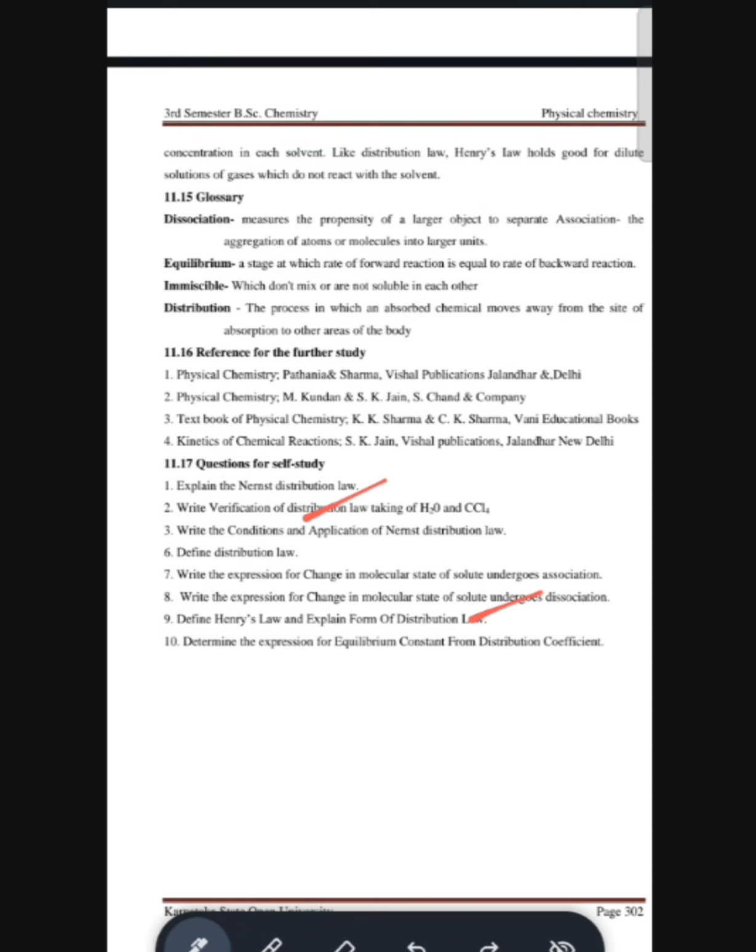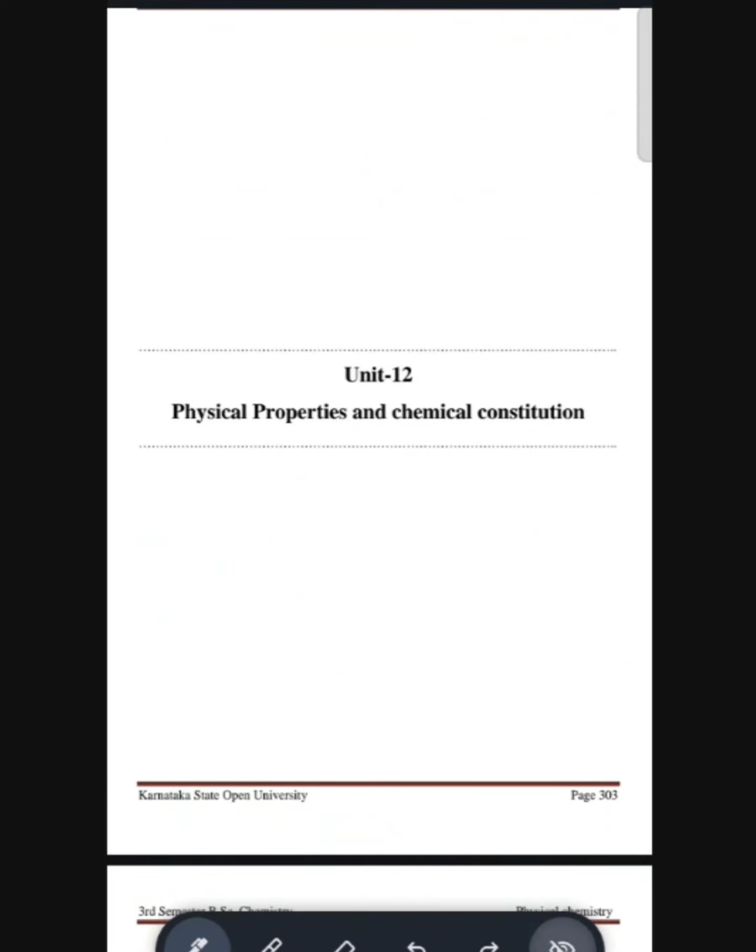These are the two important topics in the distribution law. And next is the physical properties and chemical constituents.